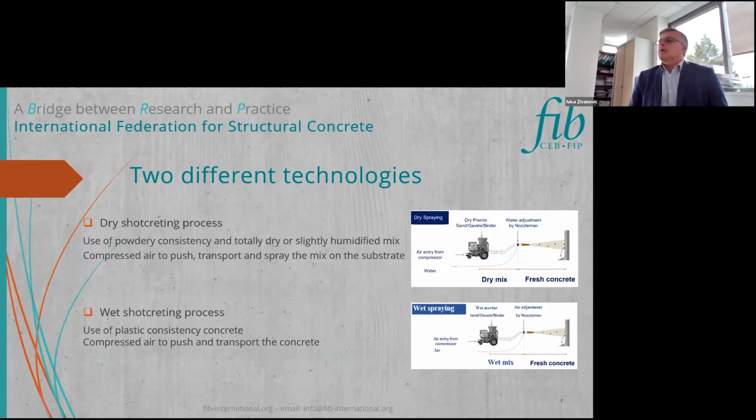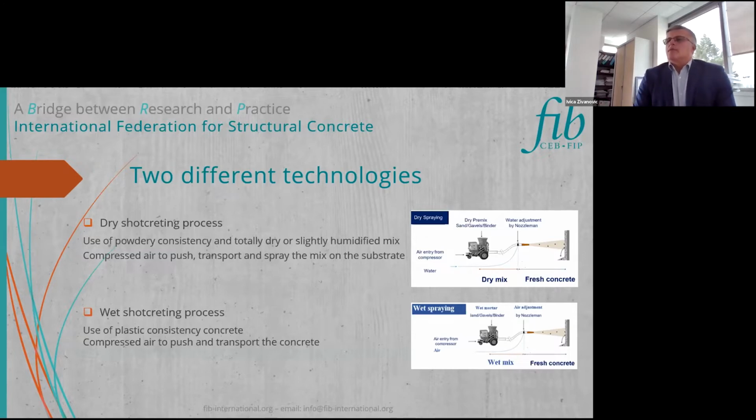I don't know if my pointer can be seen, but the right side picture illustrates the principle where the water adjustment is done at the last moment at the nozzle of the system, which allows spraying the fresh concrete onto the substrate of the concrete structure.